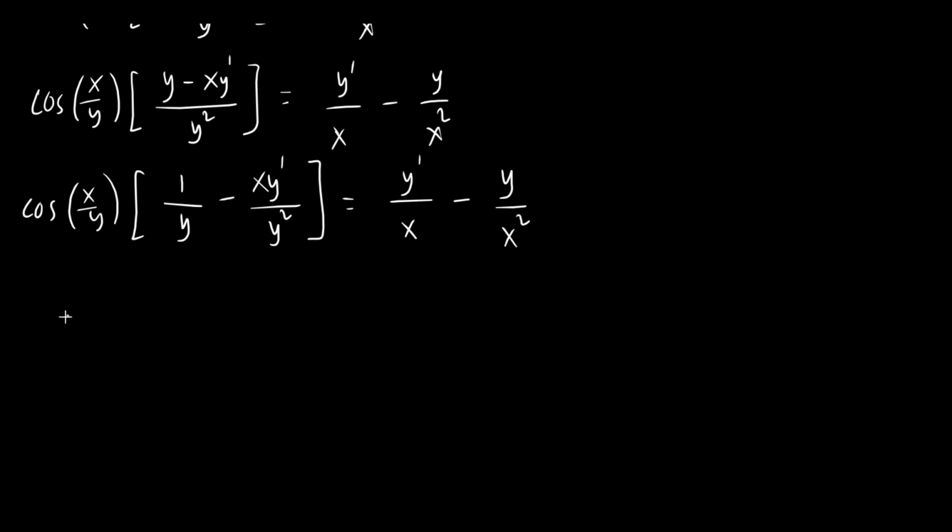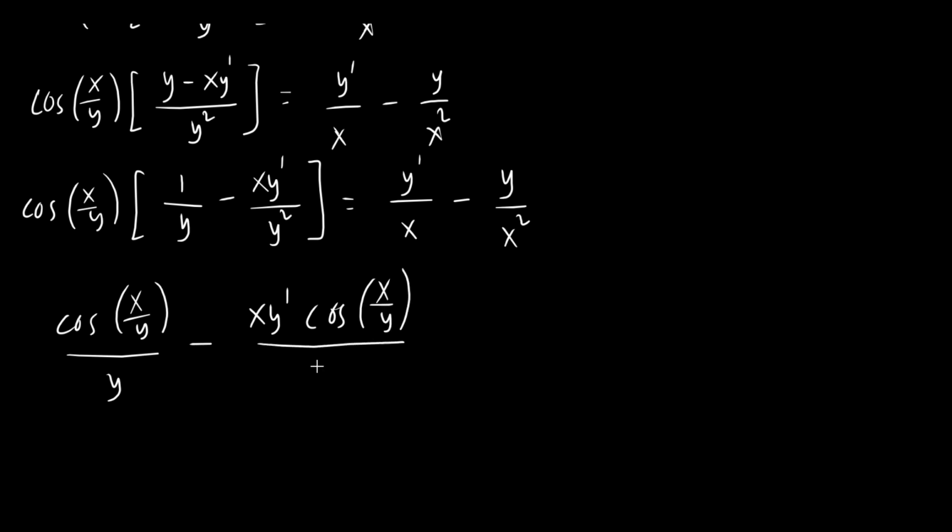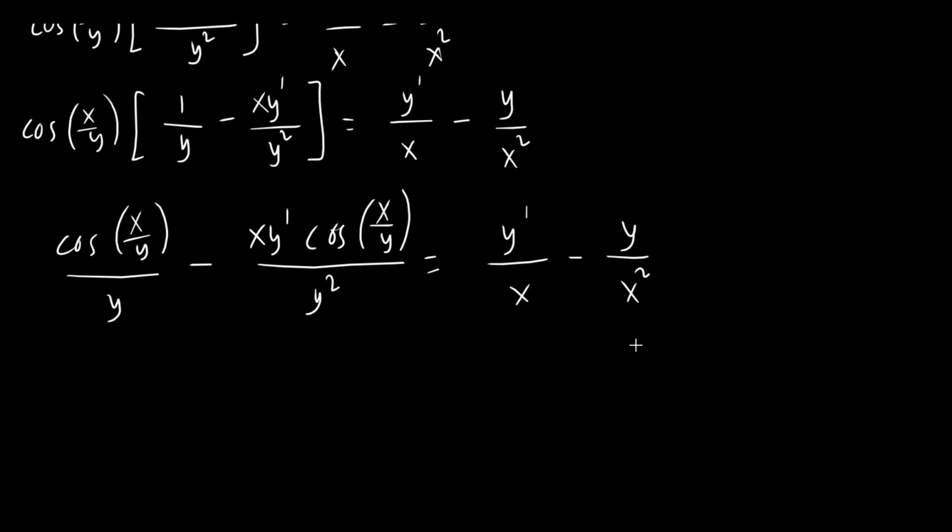So cosine x over y all over y minus xy prime cosine x over y all over y squared is equal to y prime all over x minus y all over x squared. So we'll isolate y prime.